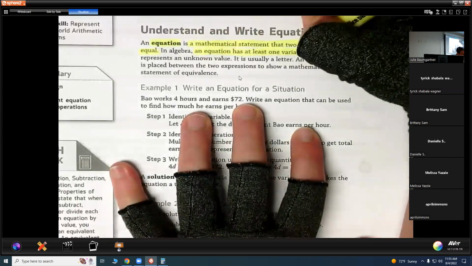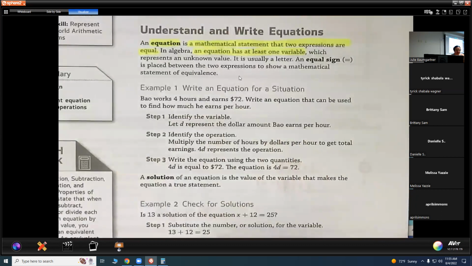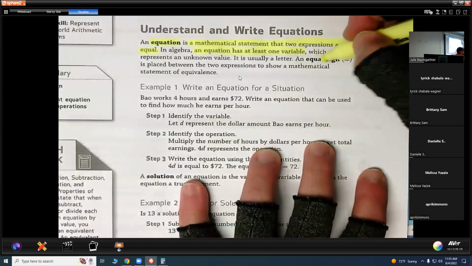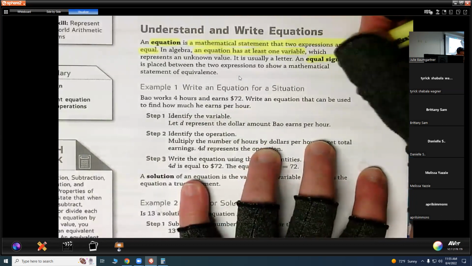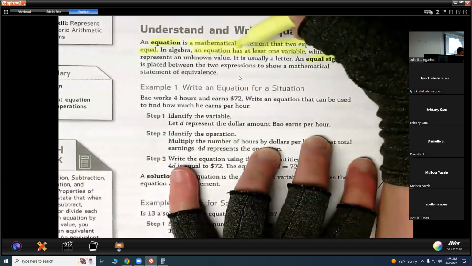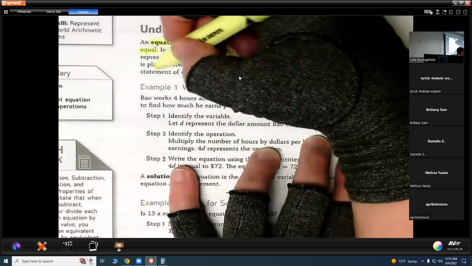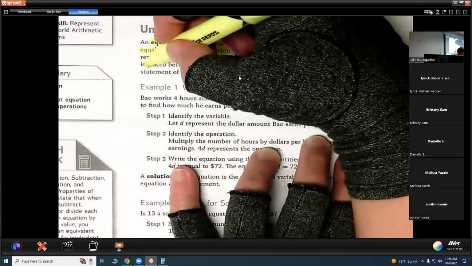If it's not an equation, if it's just an expression, then we just use the order of operations and simplify it. And then of course the equation has an equal sign placed between the two expressions to show a mathematical statement of equivalence.